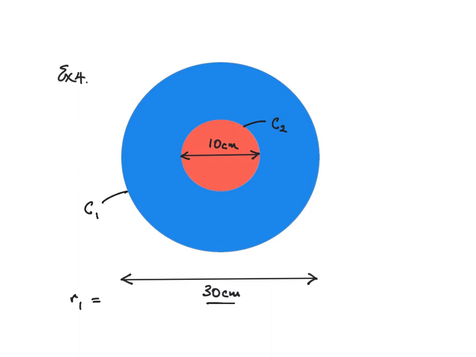So the radius then is 30 over 2, which is 15 centimetres. So the area of 1, pi r squared, so it's pi times 15 squared, and that is 706.86.